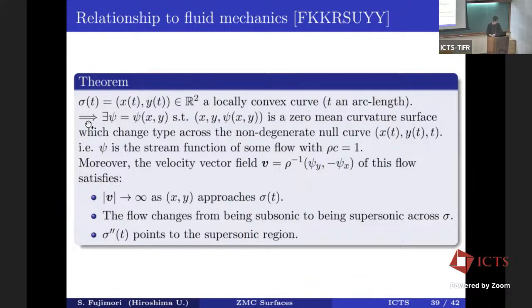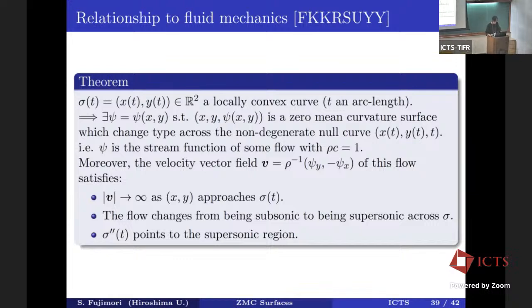Then there exists a function psi, so that (x, y, psi of x, y) is a zero mean curvature surface, because psi satisfies the zero mean curvature equation, which changes type across a non-degenerate null curve (x of t, y of t, t). That is, psi is a stream function of some flow with this condition. This is really an artificial condition, but okay.